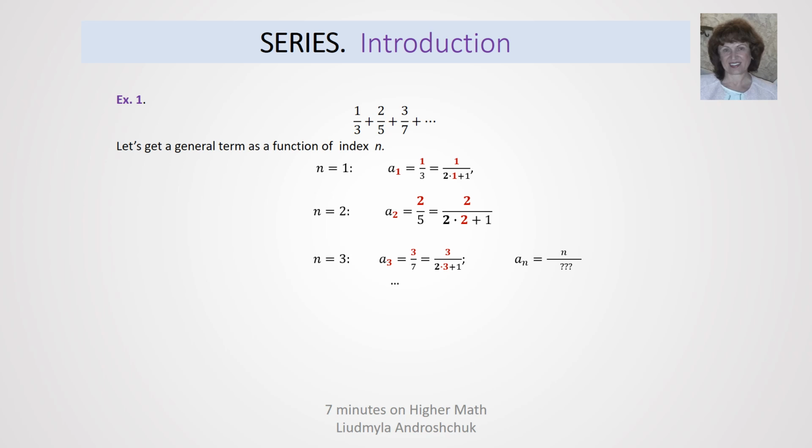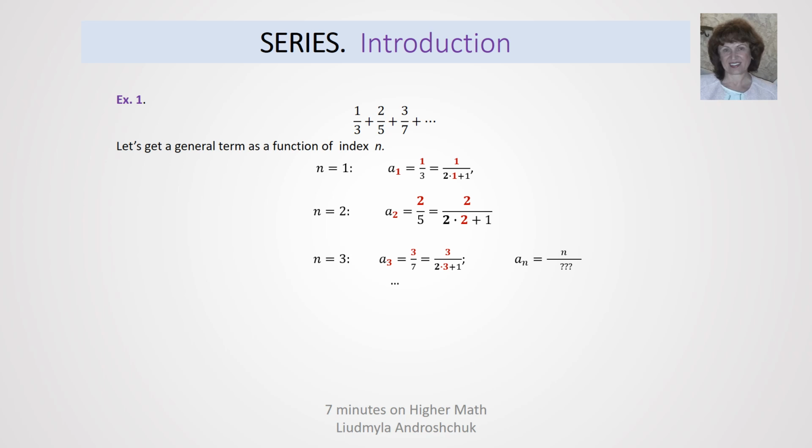What are the denominators? Denominators are 3, 5, 7. They are odd numbers starting from 3. How can we get 3 from index 1? When 2 is multiplied by index 1 plus 1, we get 3. For the second term, when 2 is multiplied by index 2 plus 1, it's 5.